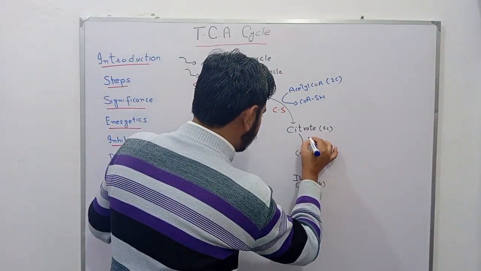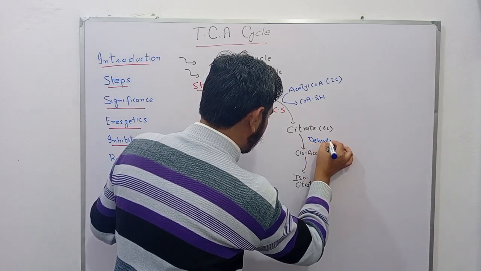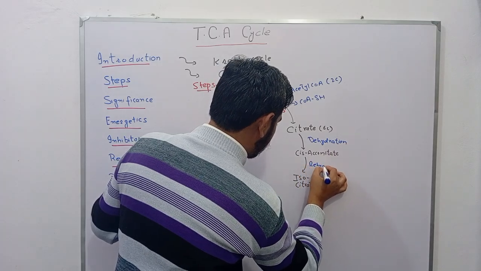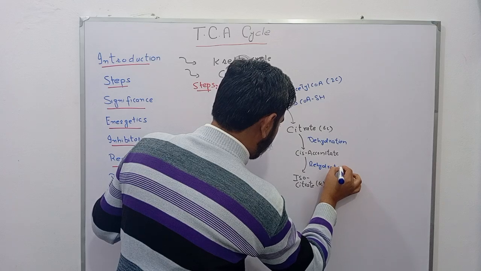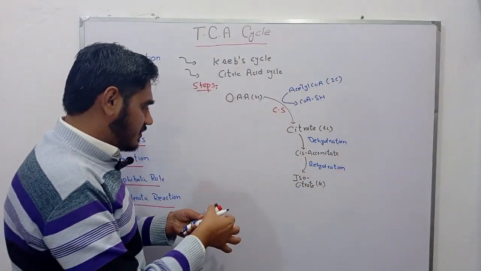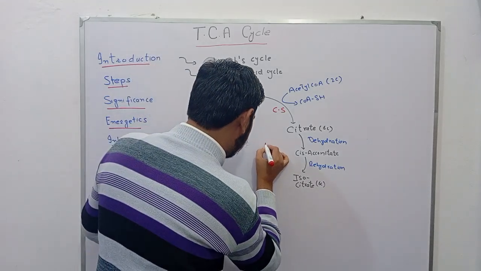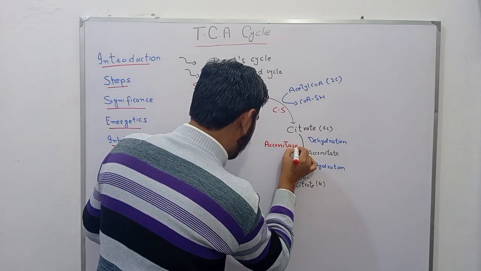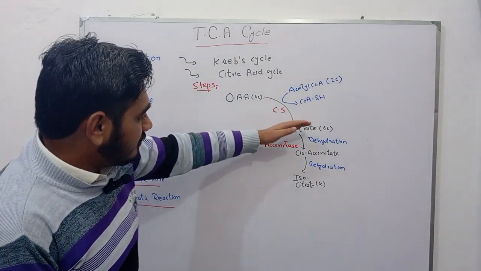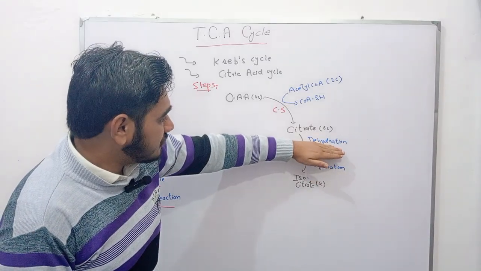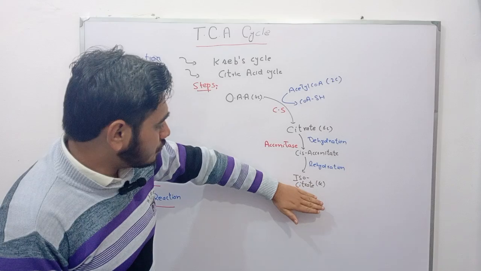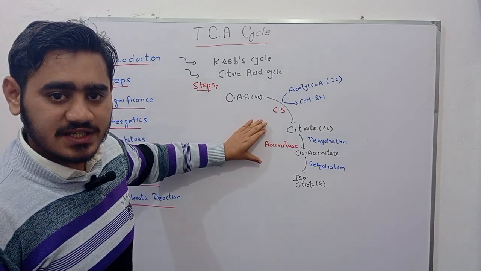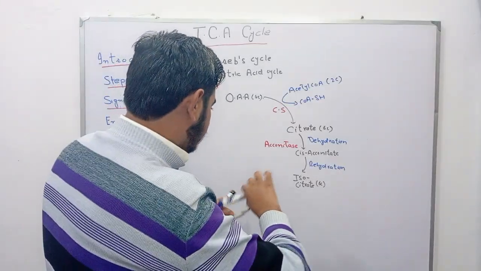Here is a dehydration reaction, with removal of a water molecule, and here is a rehydration. This process occurs with the help of the aconitase enzyme. This citrate converts into cis-aconitate by a dehydration reaction. Cis-aconitate converts into isocitrate by a rehydration reaction, and this process occurs with the help of the aconitase enzyme.